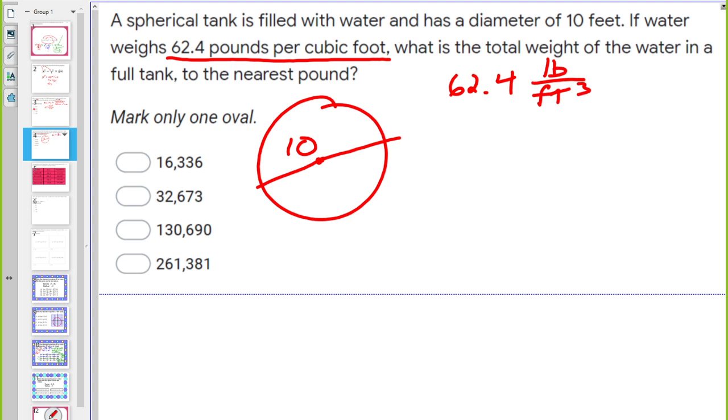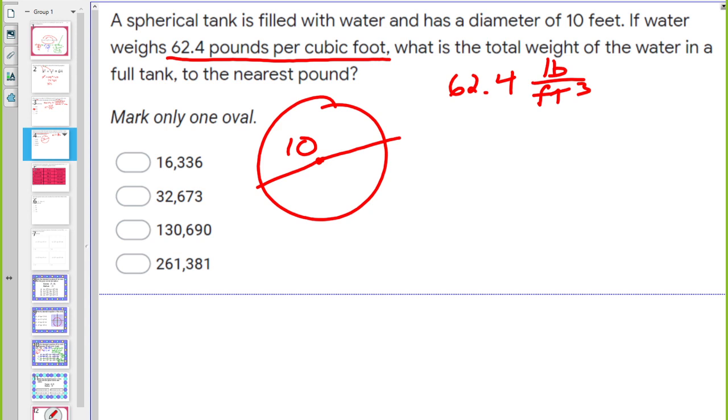Pounds is a type of measurement. What are you measuring? Mass, right? Cubic feet is a type of volume. So they're already giving you the density. So then they want to know what is the total weight of the water to the nearest pound.